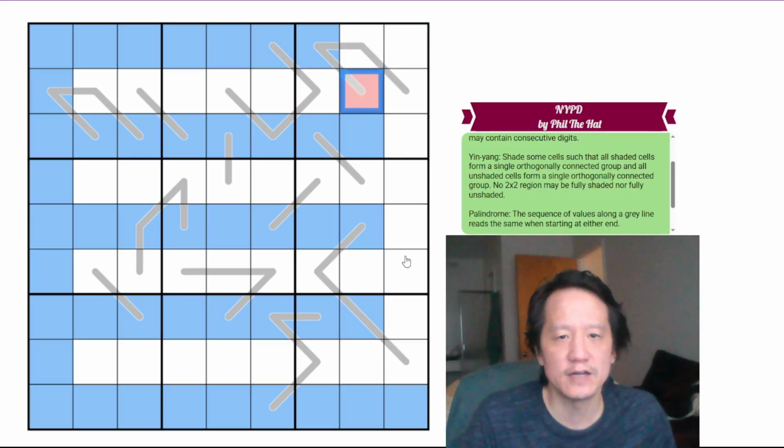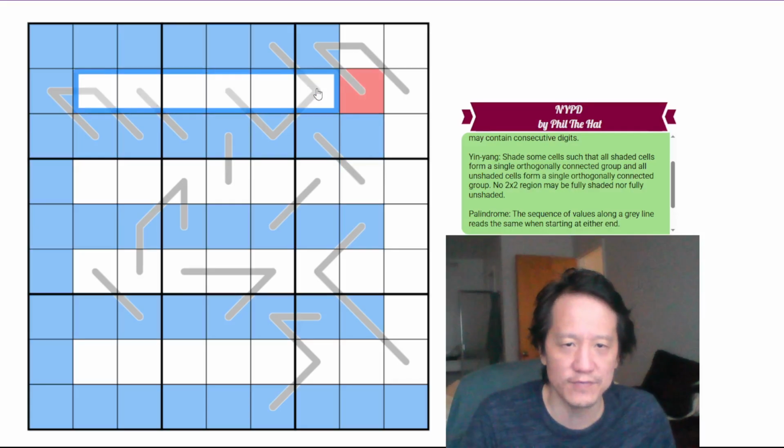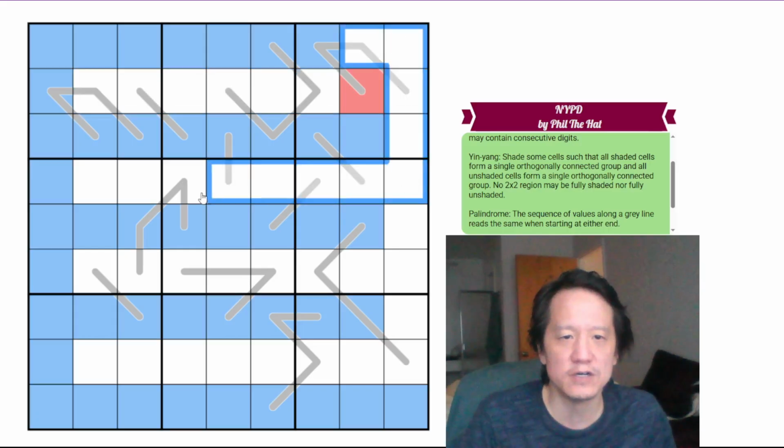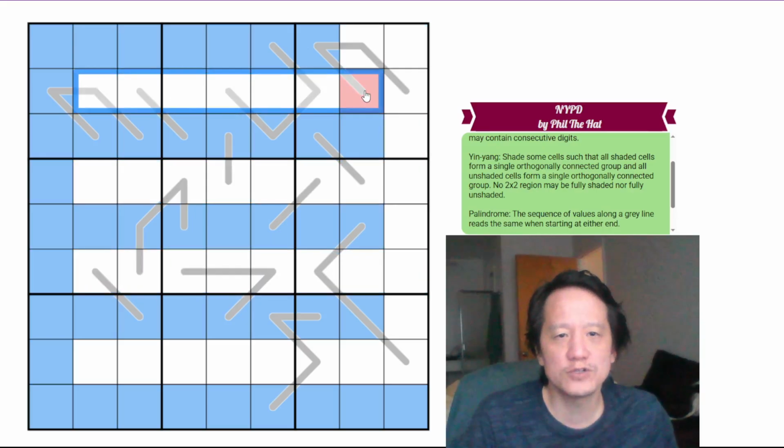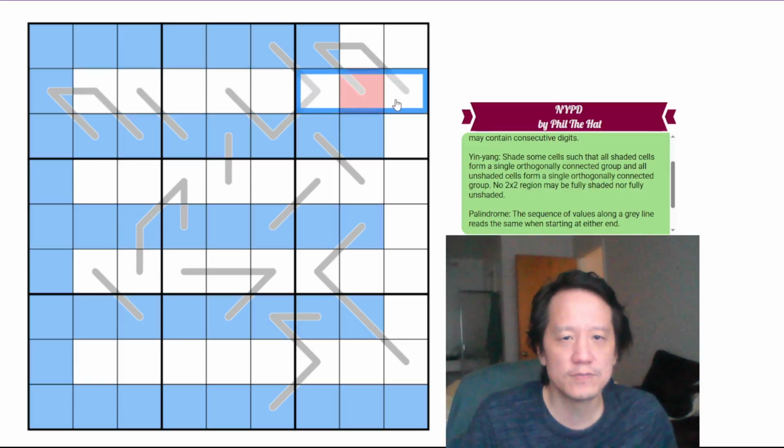And this is not correct because to get from any of these cells to the rest of the unshaded cells, you would have to cross over to the shaded region, or you'd have to cross through a corner.